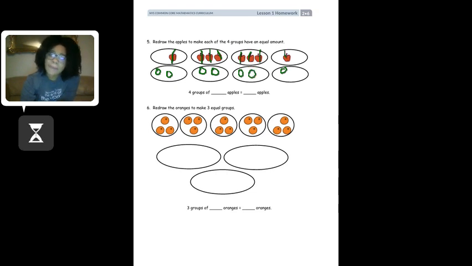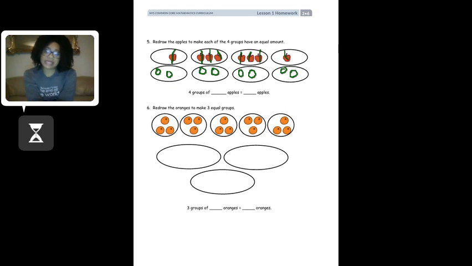And then we have 1 apple left and it's going to go in our last basket. So now we have 4 equal groups, 4 equal baskets that have 2 apples in each basket. So I have 1, 2 in the first group, 1, 2 in the second group, 1, 2 in the third group, and 1, 2 in the fourth group.